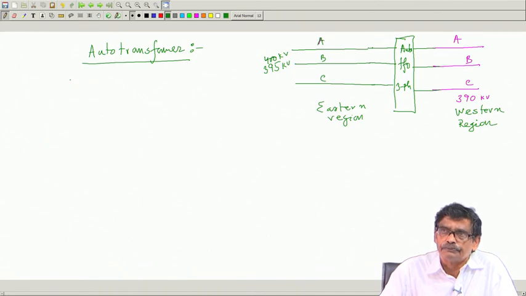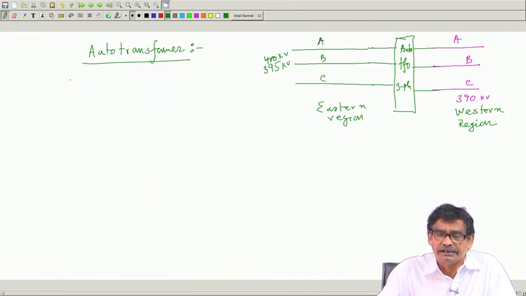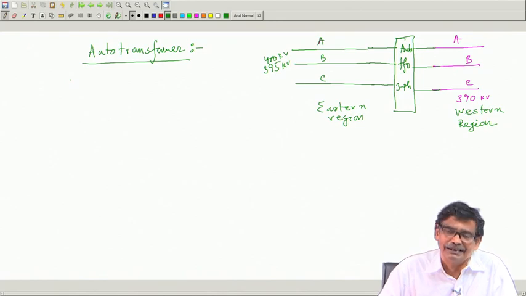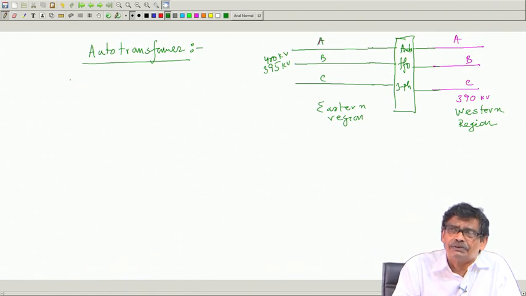So, this is one case. Or maybe you can connect an auto transformer to start a 3-phase induction motor. Of course, I must add one remark. Starting an induction motor using a bulky auto transformer is not a good solution now. There are very good solutions because of the use of inverters and power electronics, but earlier it was very much used.